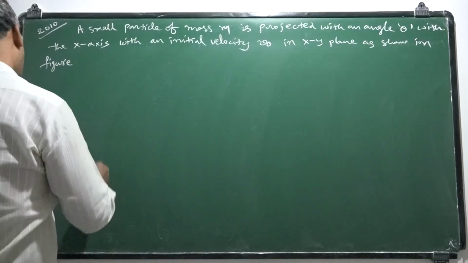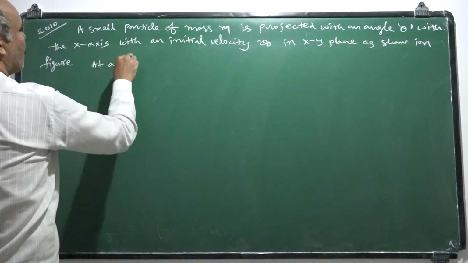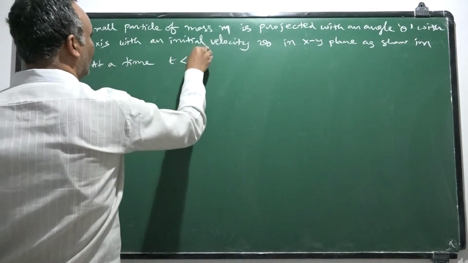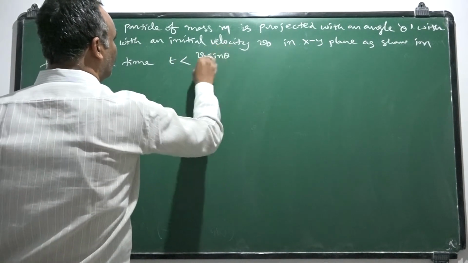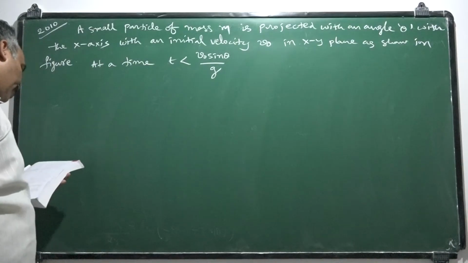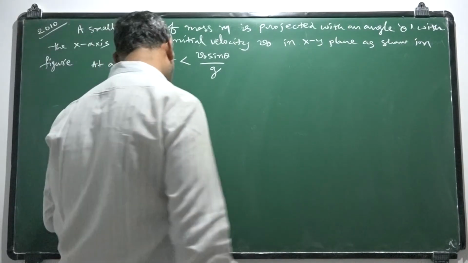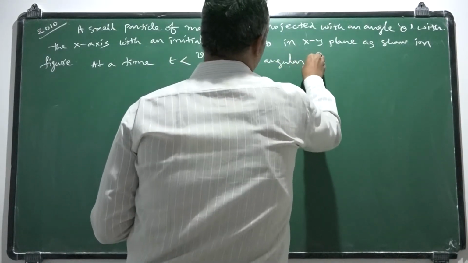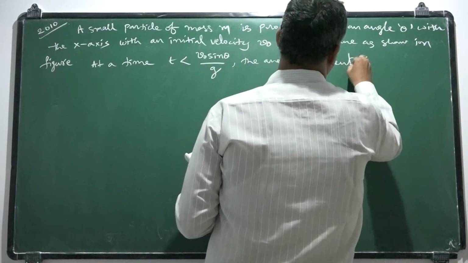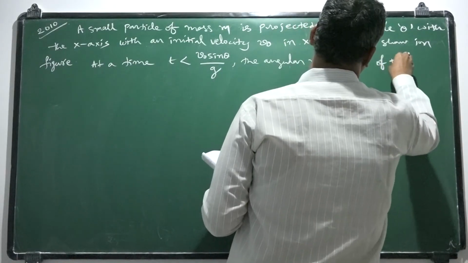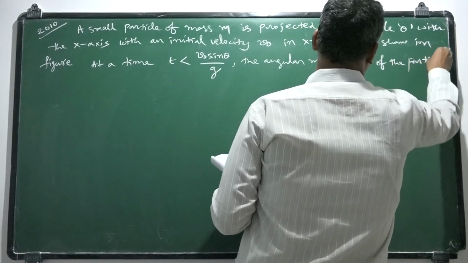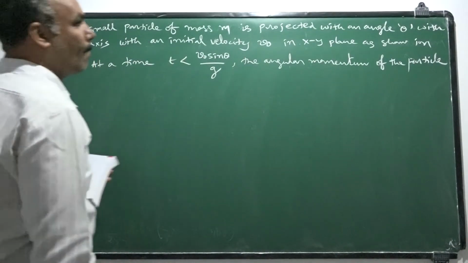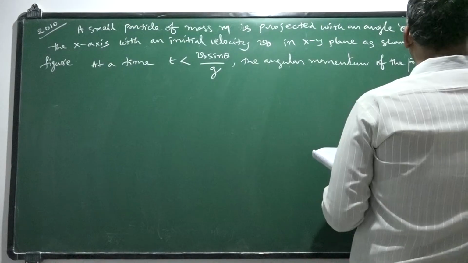At a time t which is less than v naught sin theta by g, the angular momentum of the particle is... so this is the question.